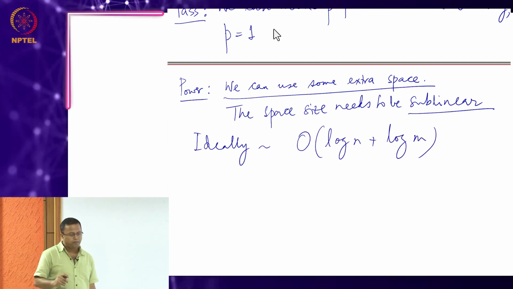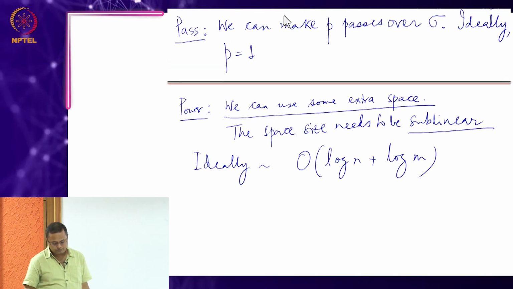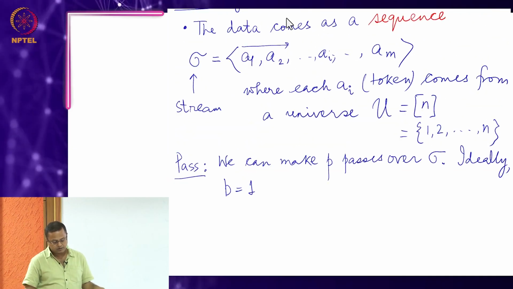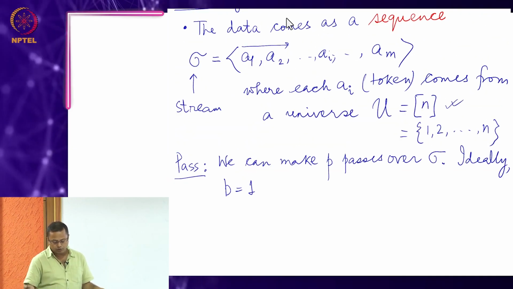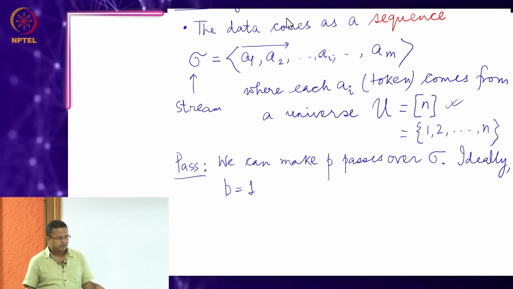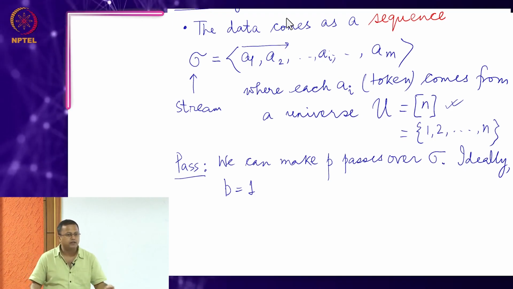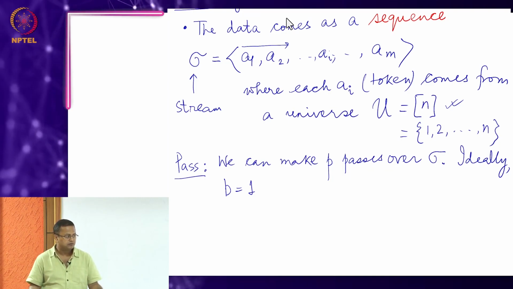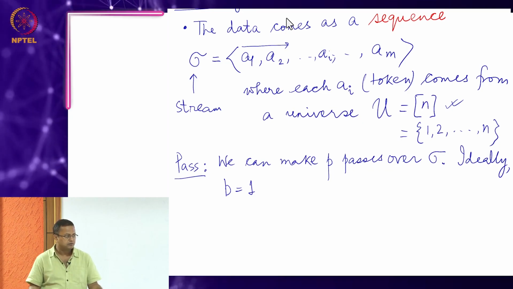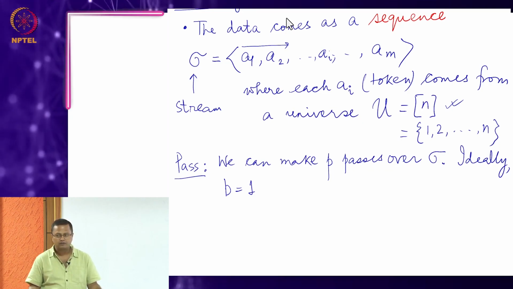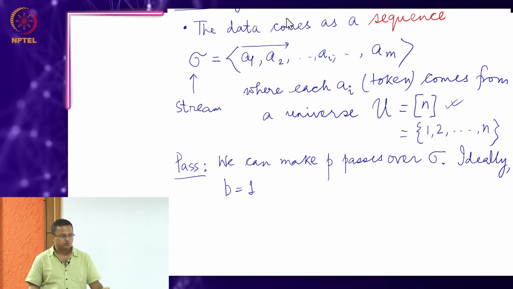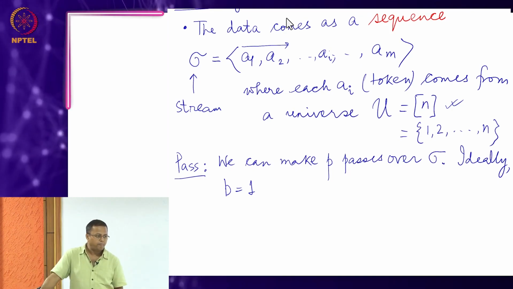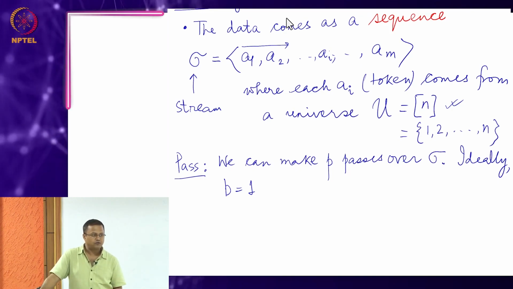Why log n plus log m, or the minimum over log n and log m? Because your universe is of size n, so to encode each token in binary you need log n bits. You appreciate this? To write the numbers 0 to 7 you need 3 bits, right? This binary representation all of you know.